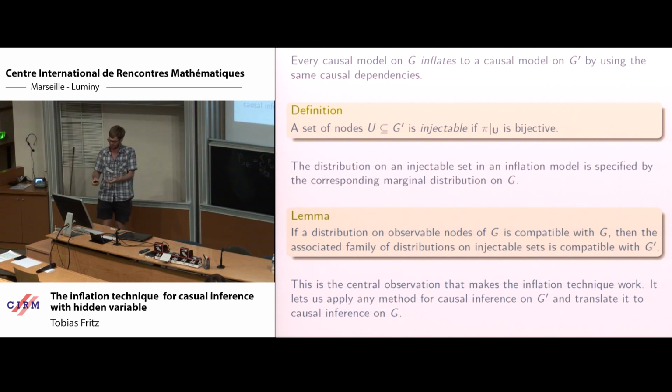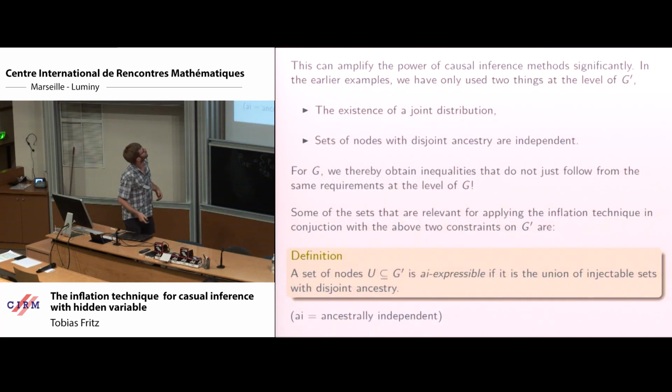So this uses really very little at the level of G prime, and the inflation technique leverages that to something quite powerful at the level of G. So it amplifies the power.